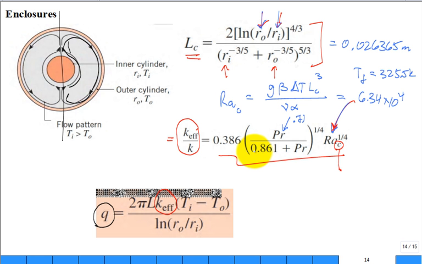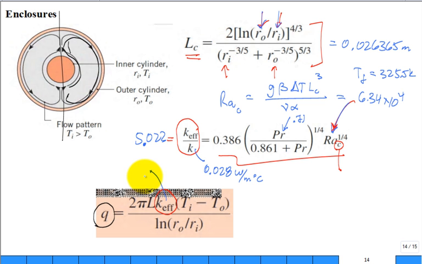I found that this ratio of k effective over k for this problem comes in a little over 5. Meaning it's as if that motion from buoyancy would be almost a factor of 5 times the stagnant gas conductivity. So instead of putting in k of the stagnant gas of 0.028 watts per meter degree C, put in an effective conductivity 5 times that.